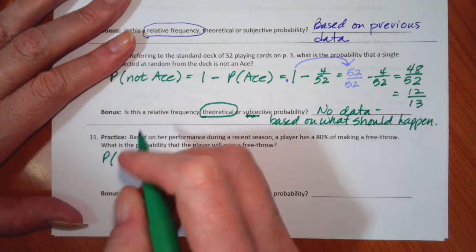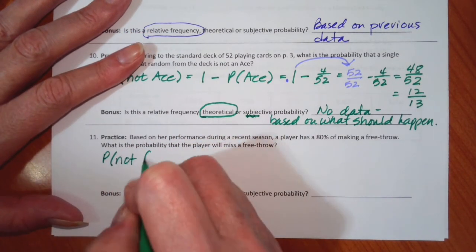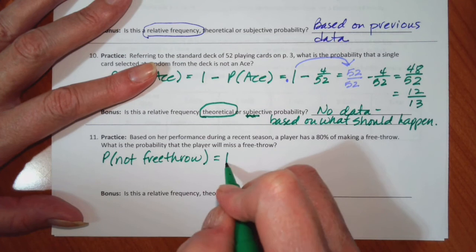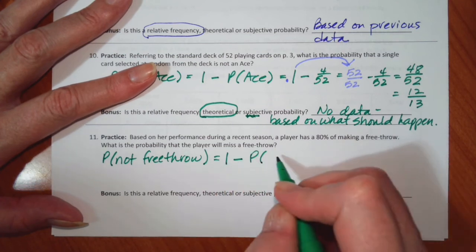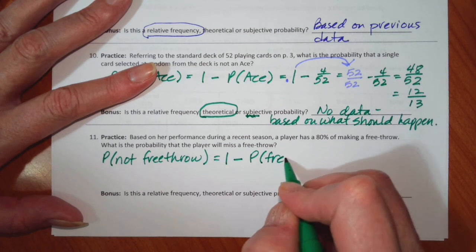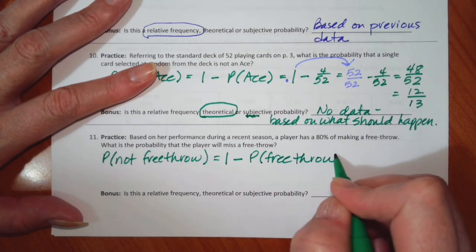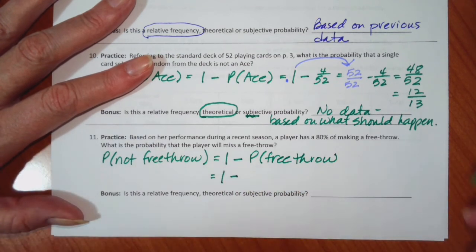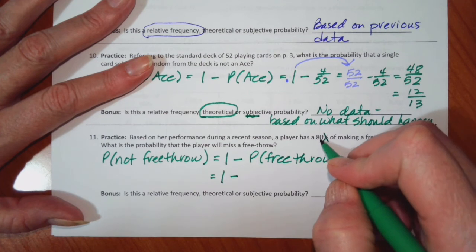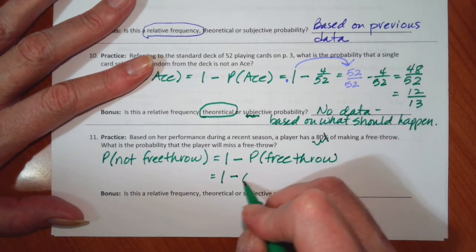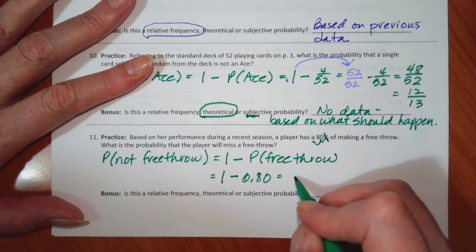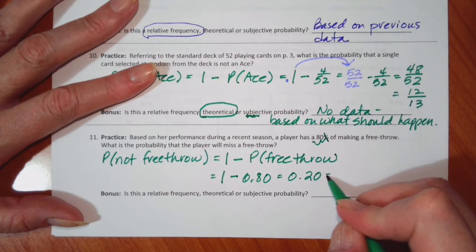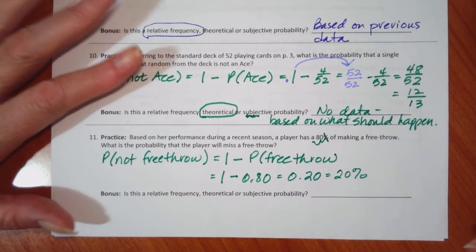So the probability of not a free throw is 1 minus the probability of a free throw, which is 1 minus, and of course I have to remember to turn this into a decimal, 1 minus 0.80, which is 0.20, and since they gave it to me as a percent, that's 20%.